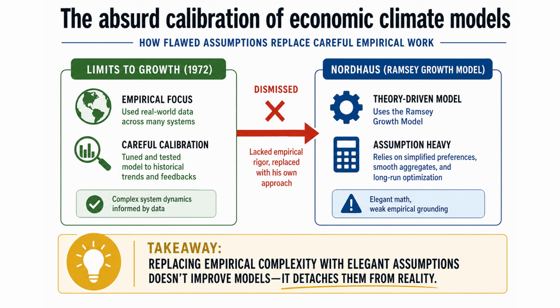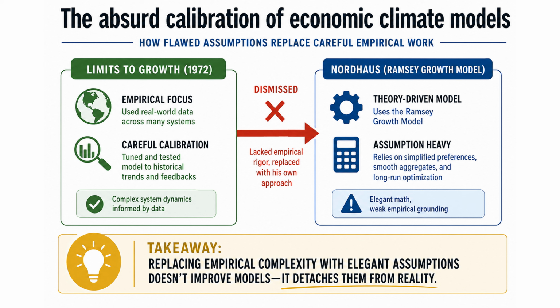For example, Nordhaus's work, which involved using the Ramsey growth model, dismissed the careful calibrations of the limits to growth model. What this example shows is how shifting methodologies can lead to vastly different conclusions about climate impacts on the economy. Recognizing these flaws is crucial for developing more accurate models that can inform effective climate policies.